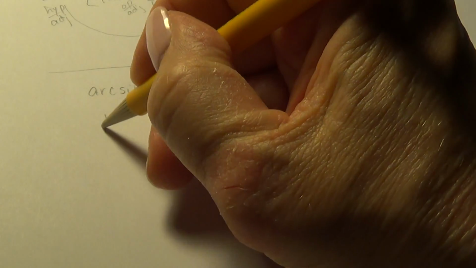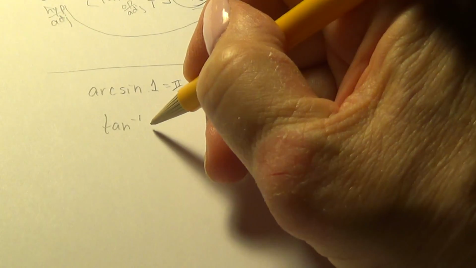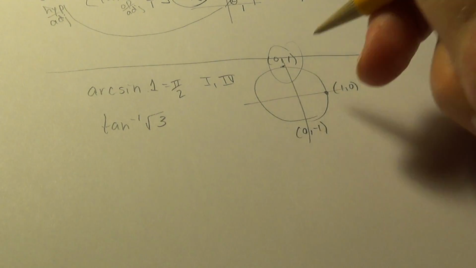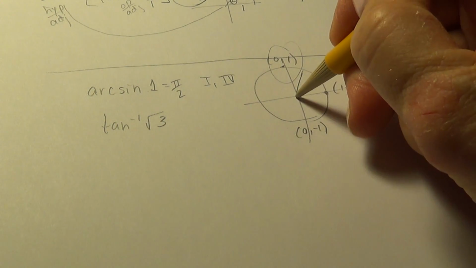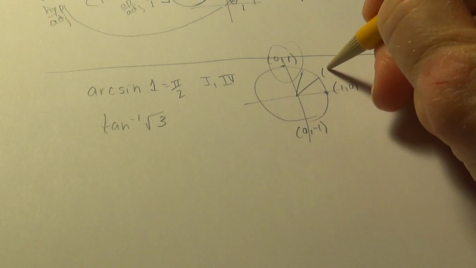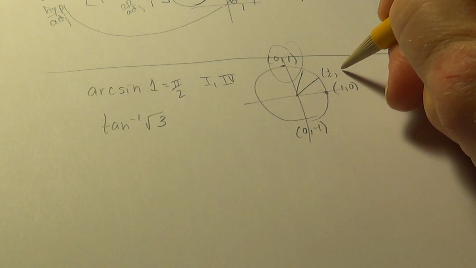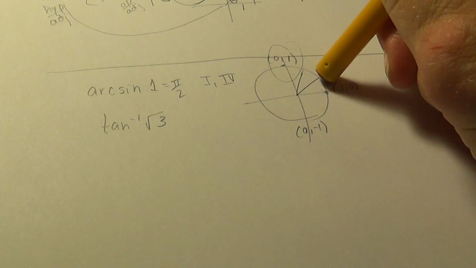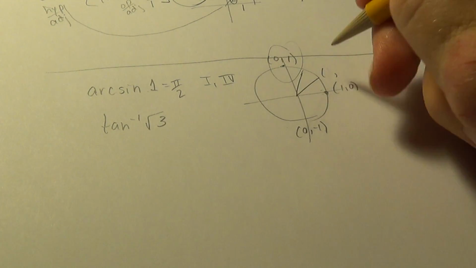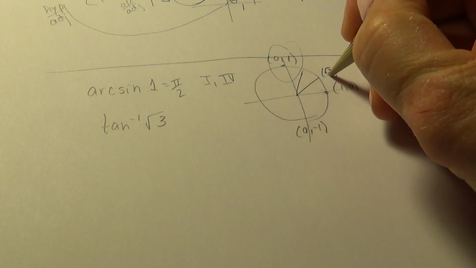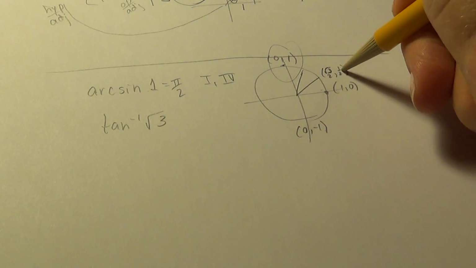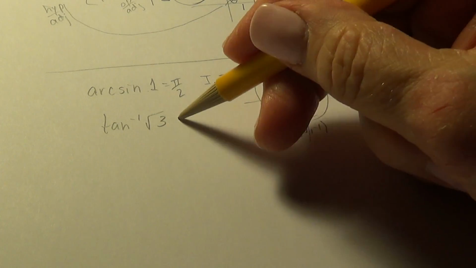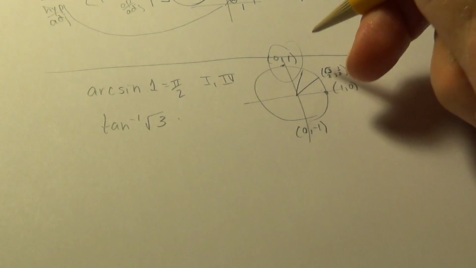Try another one. Tan inverse of square root of 3. We can find that on the unit circle. So let's take this one, square root of 3 over 2 over and 1/2 up. When I divide this by this, will I get square root of 3? I will not.